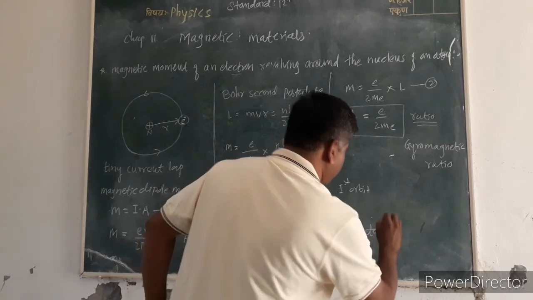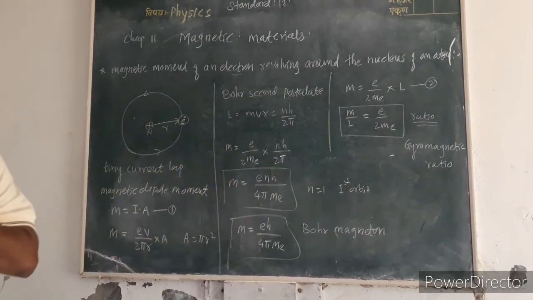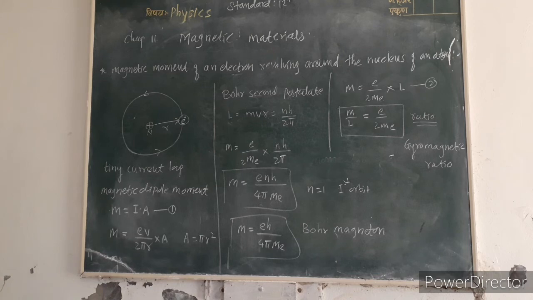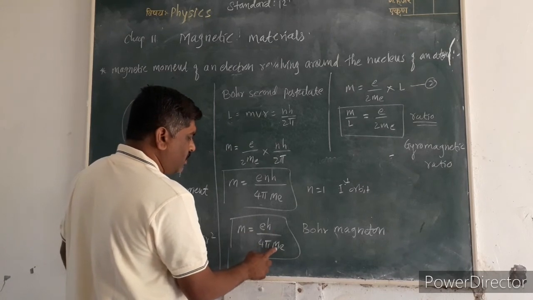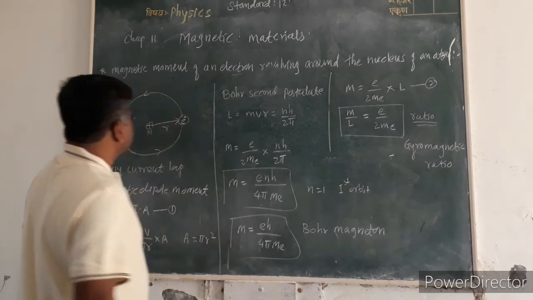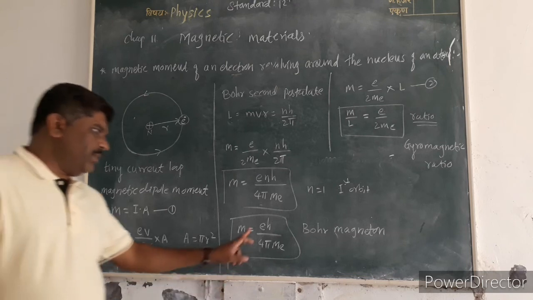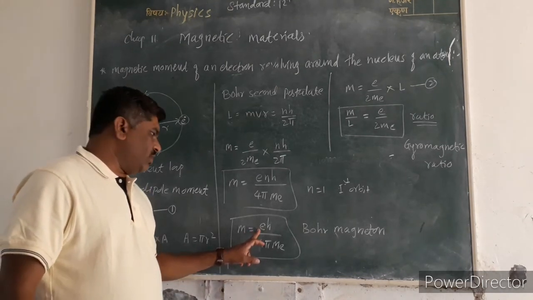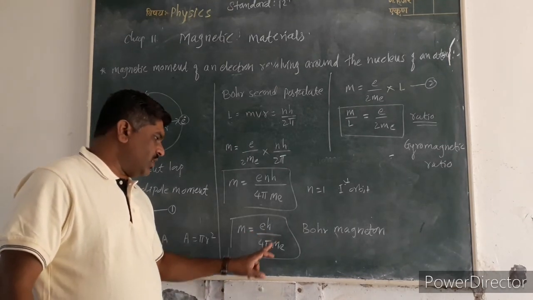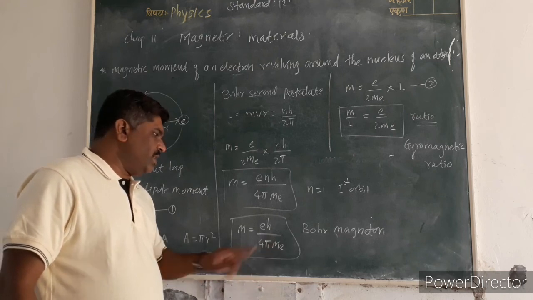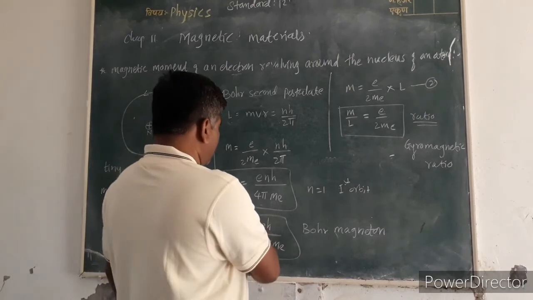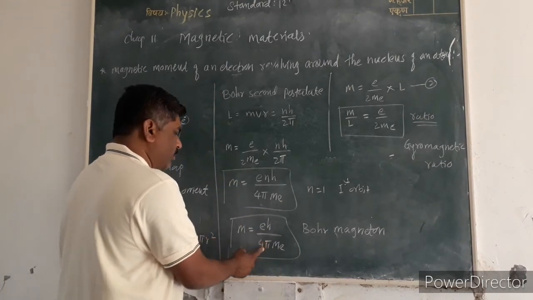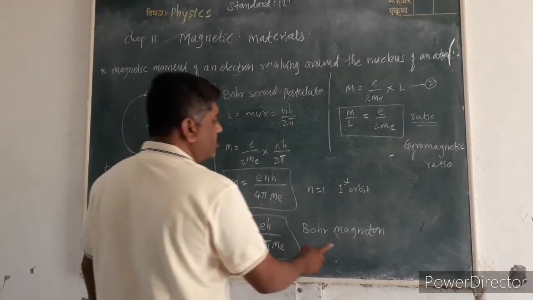M is equal to eh upon 4 pi m, where M means magnetic dipole moment, e means charge on the electron, h means Planck constant, 4 pi is constant, and m is the mass of the electron. This quantity, eh upon 4 pi m_e, is called the Bohr magneton.